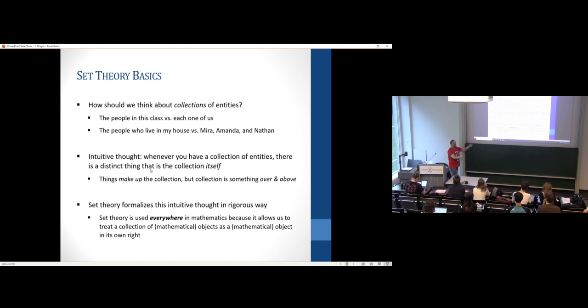It is this group. Same thing too, we think about the people who live in my house. Right? We can think about that as a group, or we can think about the 3 constituent parts, Mira, my dog, Amanda, and myself. Now, notably, if we think about the individuals, well, we're thinking about these specific individuals.